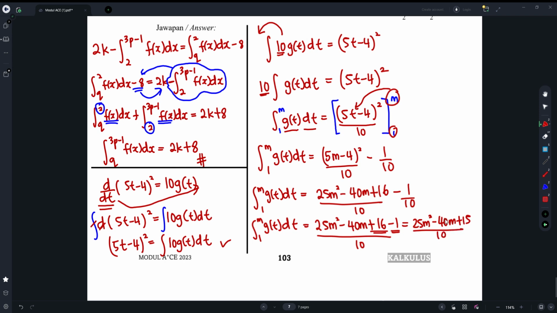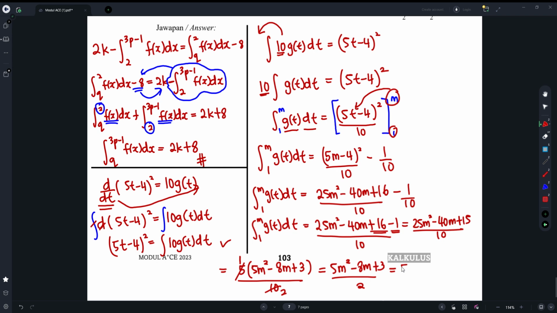I think from here onwards you are able to do it, because for 25 and 10, you can factorize 5 from here. As you factorize 5, you'll end up getting 5m squared minus 8m plus 3 over 10. And you can simplify: 10 divided by 5 is 2, and 5 divided by 5 is 1. So you'll end up getting (5m squared minus 8m plus 3) over 2.